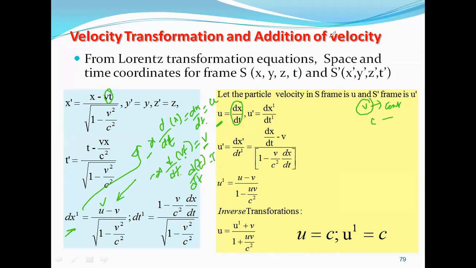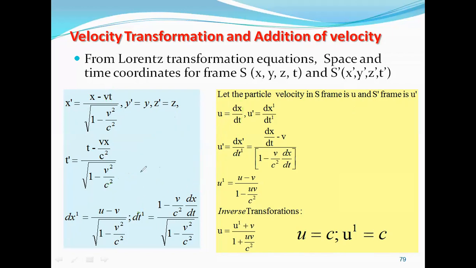So now I am going to dt prime. How do we get this one? So I have to do dt prime by dt. So the first term becomes what? I have to substitute t. This is going to be 1, right? And the second term is also there, d by dt of vx by c square.